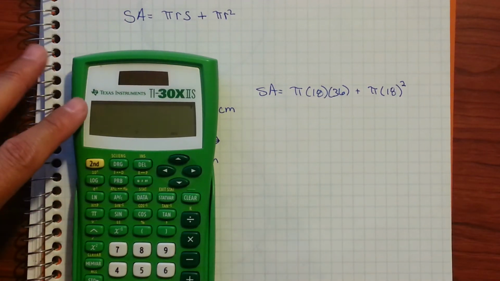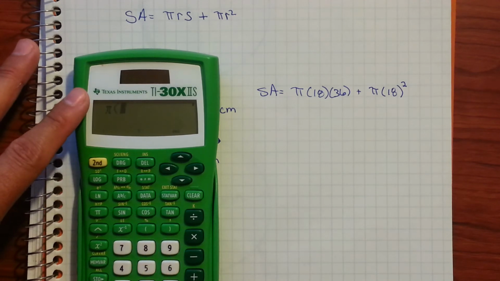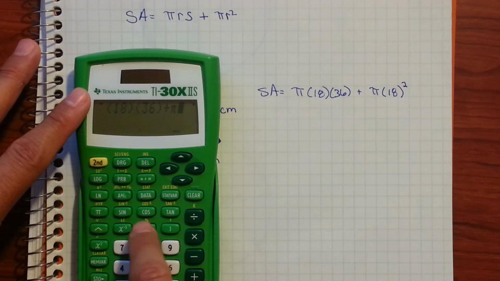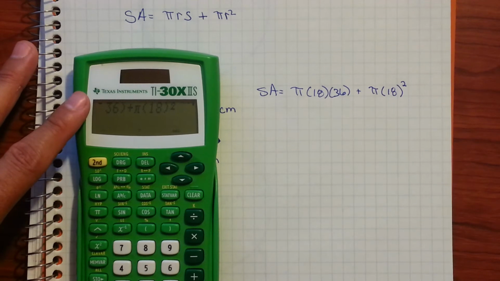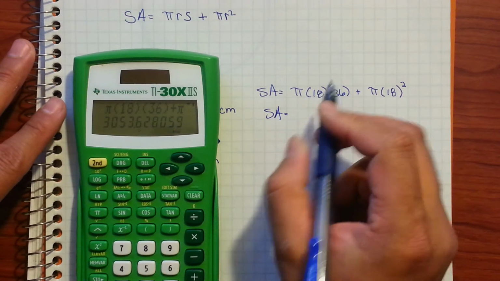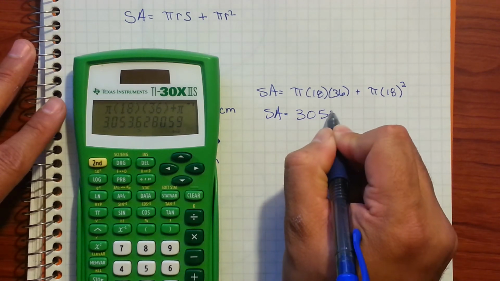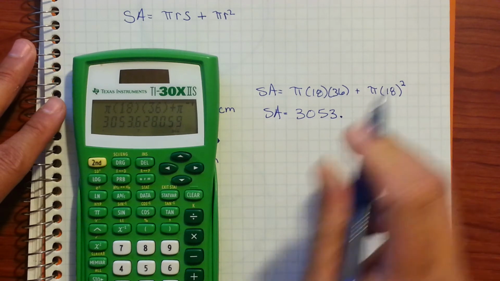Here, let's clear this. Now let's take a look. I have pi parentheses 18 close open 36 close plus pi again 18 close square right here, and enter that, and I should get my surface area is equal to 3053 point.